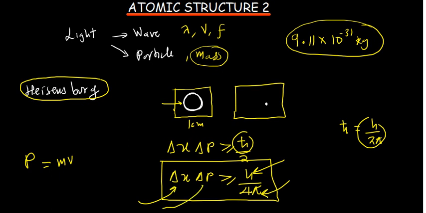Since position times momentum should always give a value greater than or equal to this constant, this side is a constant. As I've said, Planck's constant is a constant, pi is a constant, meaning that if this value is big, this one should be small because we always want to get this value. That is why if you know the position of an object, you will not be able to know more about its momentum.